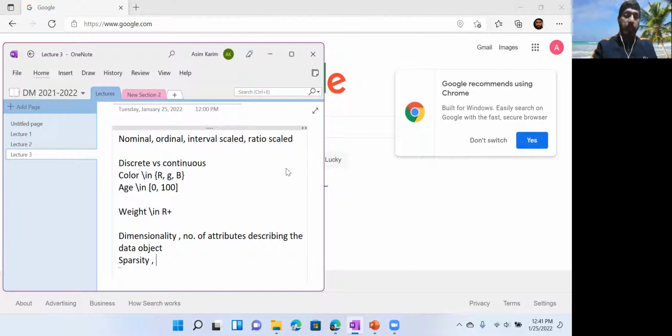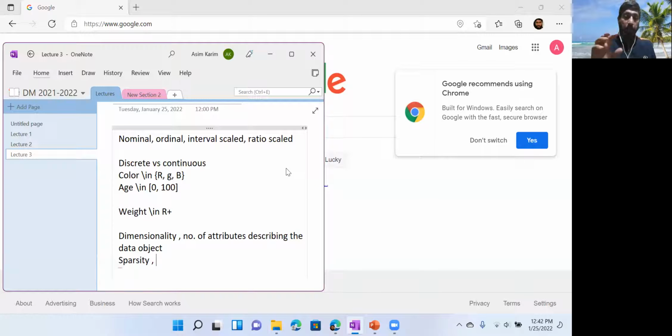Sparsity basically refers to, actually this is somewhat related to dimensionality. It's kind of the opposite of that. If you have a very high dimensional data set, then it would tend to be sparse, meaning that in the data space you might have regions where you have very few examples.